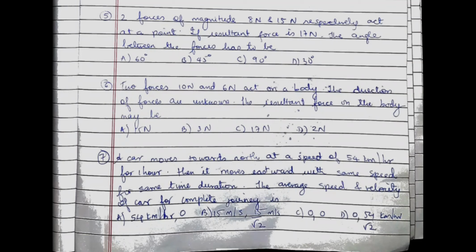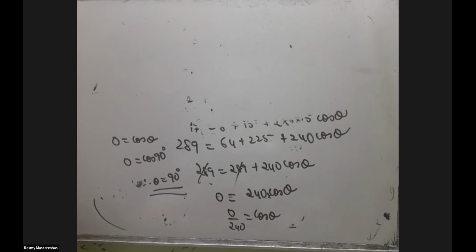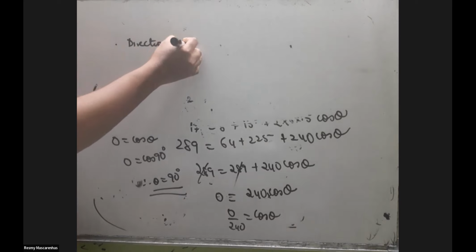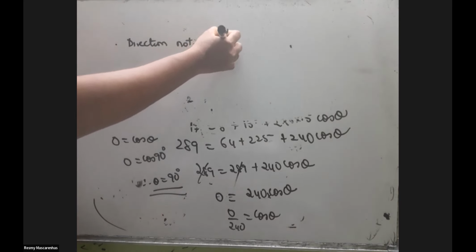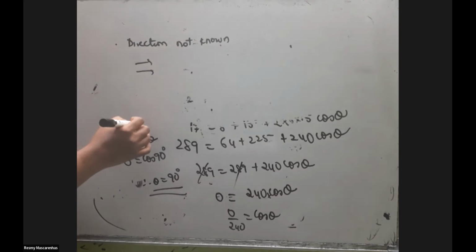So what could be the options? Now we don't know the direction. So either the forces will get added or the forces could get subtracted. If both are in the same direction, they may get added.